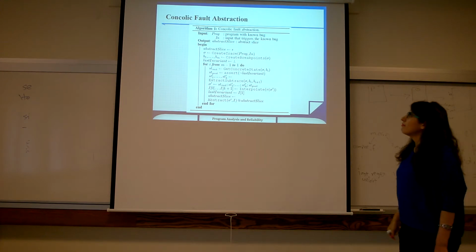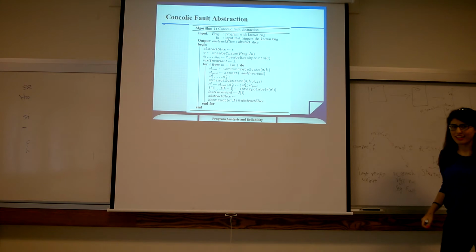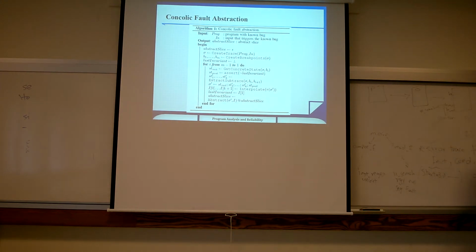First function we see is get the concrete state. What does it do? It tries to execute this error trace up to this breakpoint, and then we will have all the values captured. We will know which variable has which value, what pointer points to what location, and we have all that information.